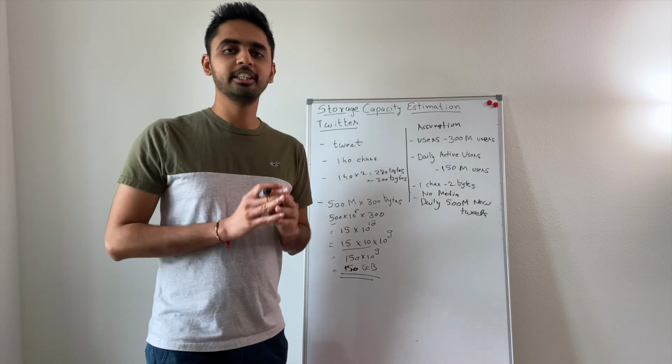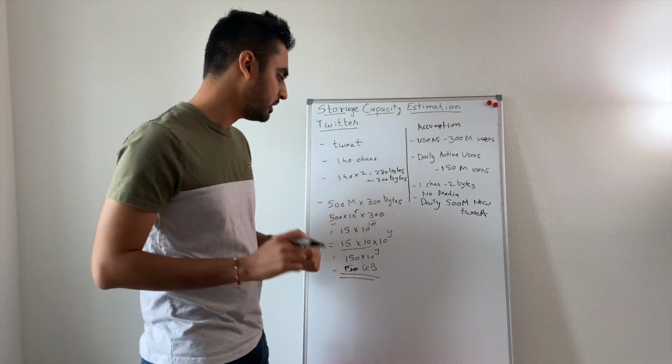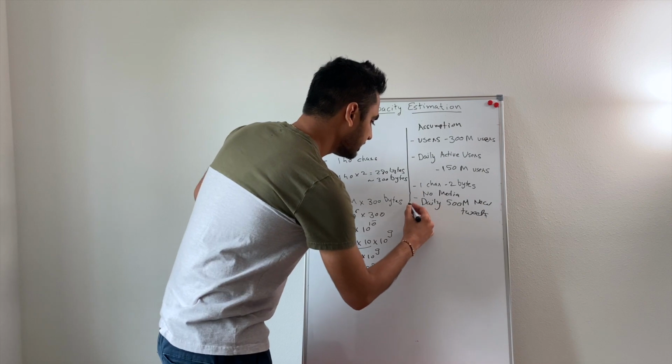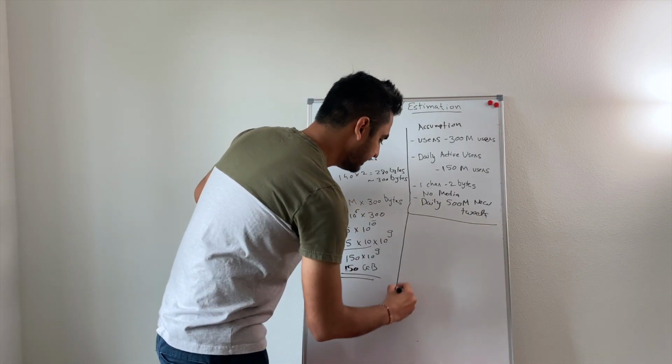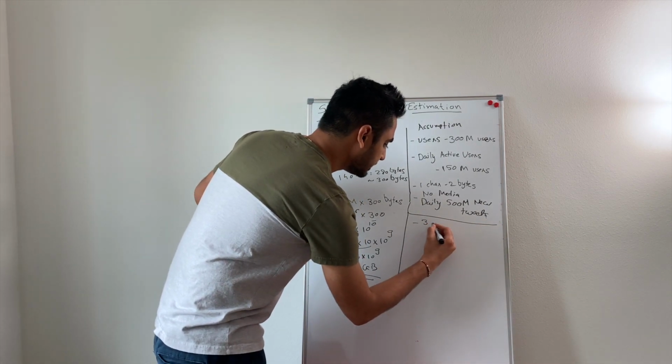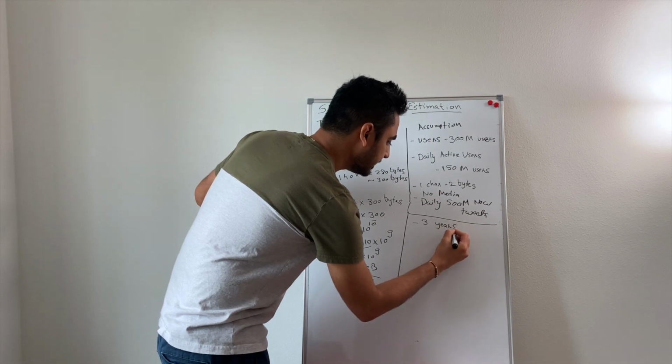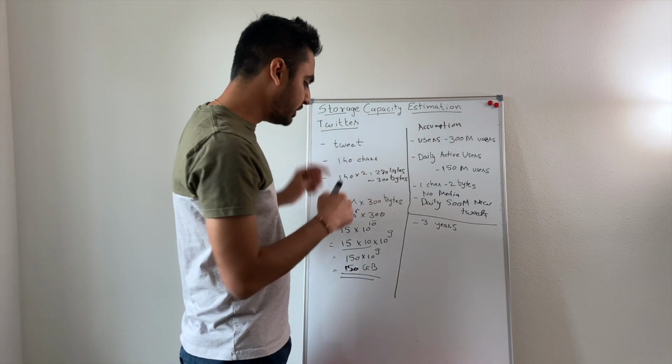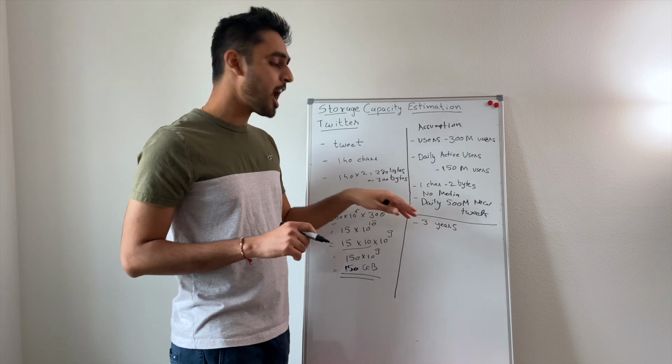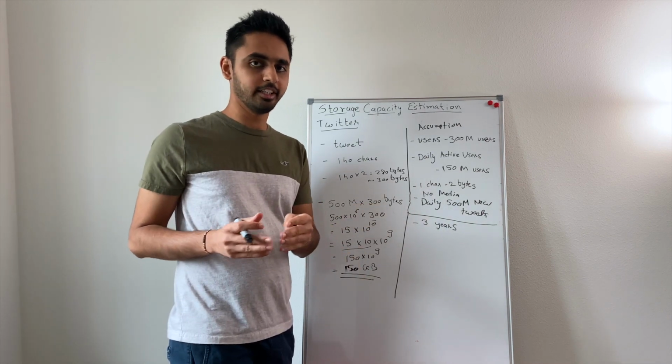Let's assume that they are only keeping them for 3 years for now. So the next step is that we are assuming they are keeping 3 years in storage, right? So now we need to calculate how much storage Twitter will require for 3 years.